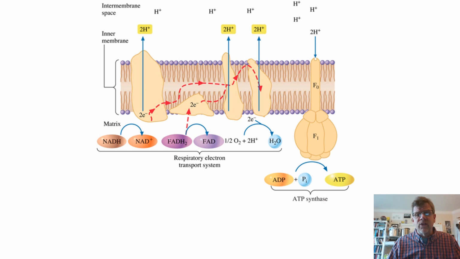If we don't have these oxygen atoms, we don't have the ability to shuttle away these spent electrons in this electron transport chain, and we're not able to create ATP energy.